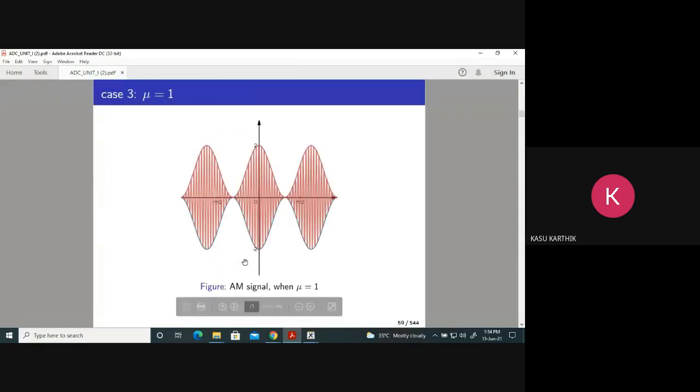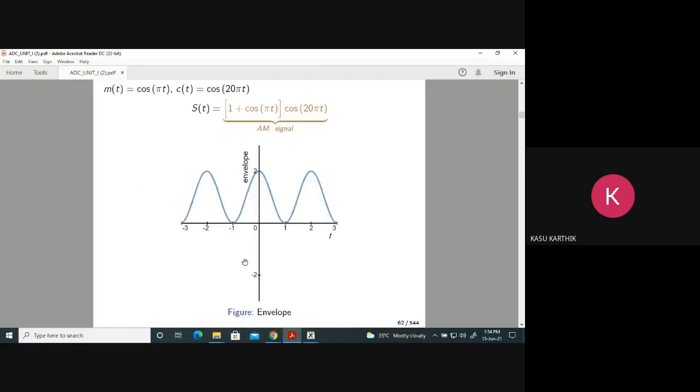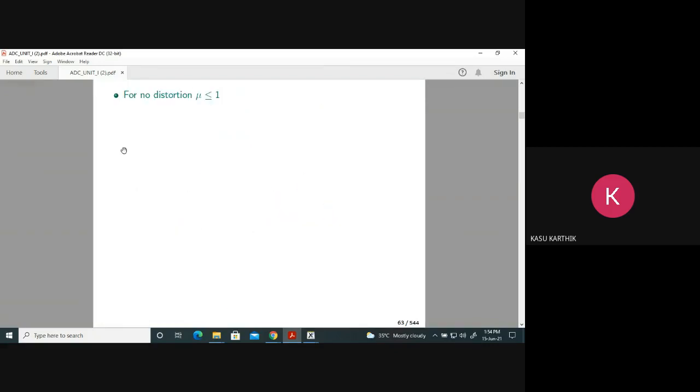We have seen 3 cases: mu less than 1, mu equal to 1, mu greater than 1. These are examples. For no distortion, mu must be less than or equal to 1. If mu is more than 1, it is over modulated and leads to distortion.